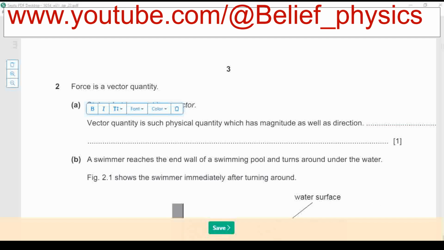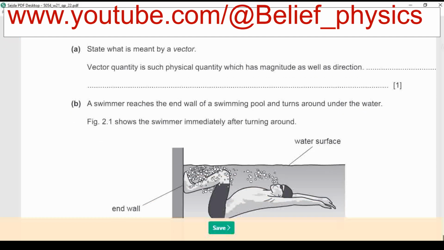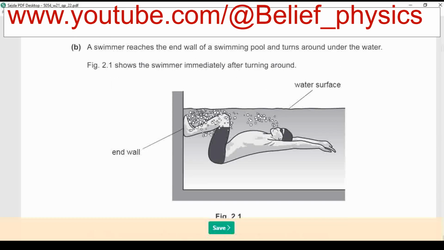Next is part B. A swimmer reaches the end wall of a swimming pool and turns around under the water. Figure 2.1 shows the swimmer immediately after the turning around. So this is the end wall.